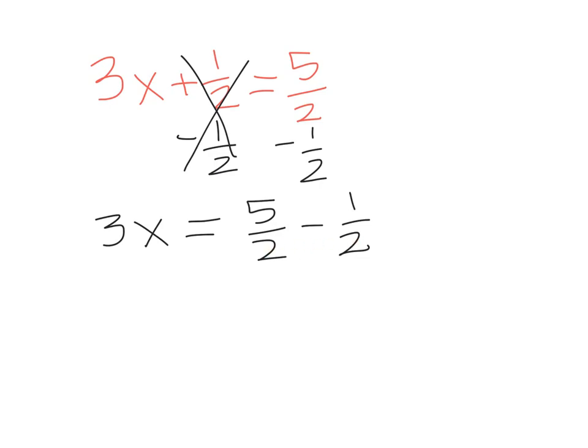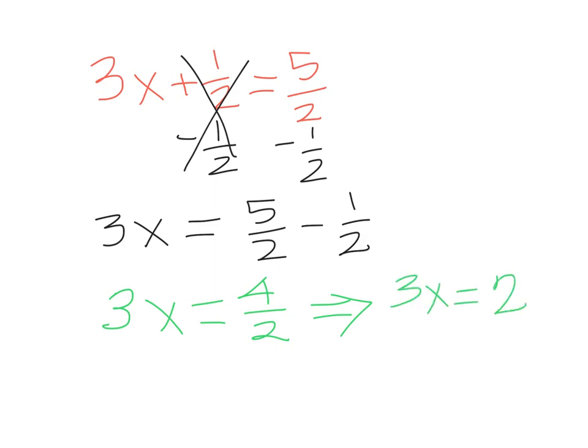So in this case, because both of them have a denominator of 2, I can leave it, which is really nice. And I can go ahead and simplify. So this is going to give me 3x equals 5 minus 1, which is 4, and my denominator stays the same. So I end up with 3x equals 4 over 2, or I can rewrite that and say that 3x really equals 2.